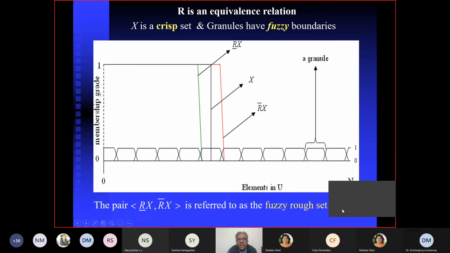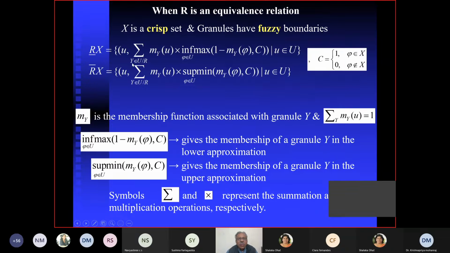So here, what are the characteristics? You take the lower and upper approximation as follows. This is the membership value of an element u belonging to the granule Y. And this infimum is the membership value of a granule Y belonging to the lower approximation.